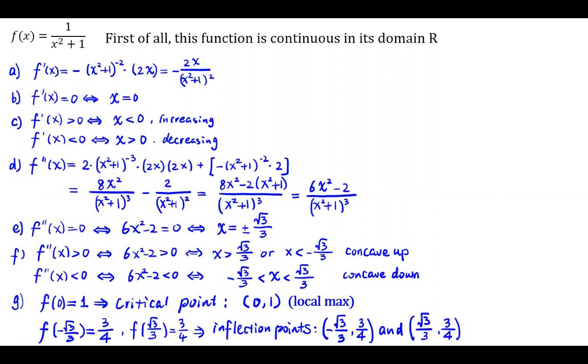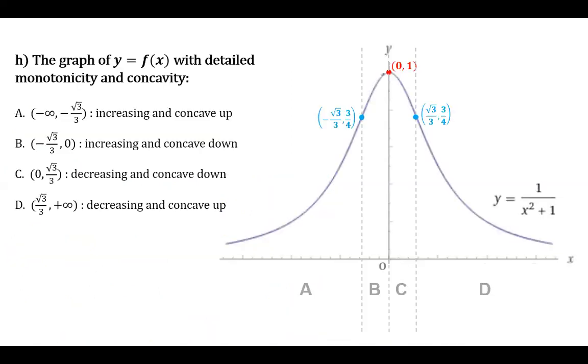Okay, so if you have all of the properties here, you can sketch the detailed graph of this function with monotonicity and concavity, right? A detailed graph looks like this. So first of all, there are 3 key points, right?